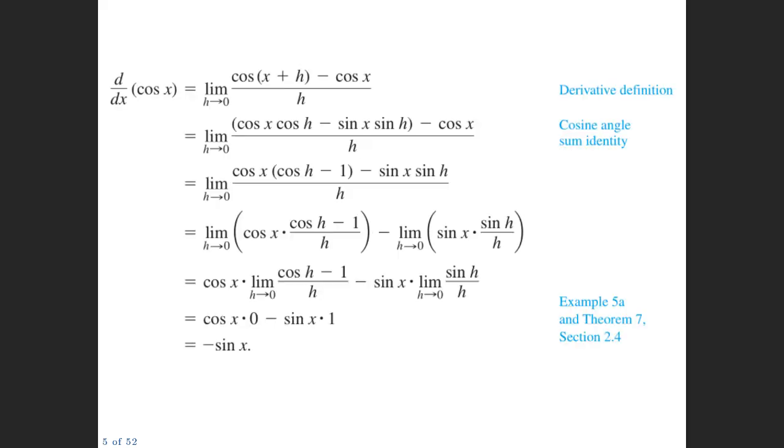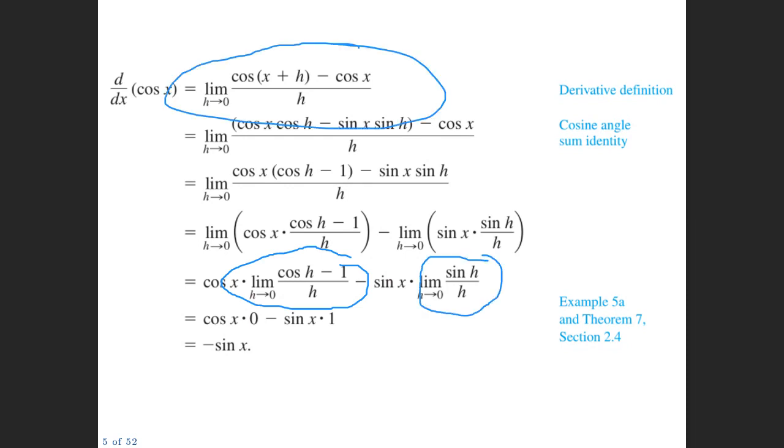We could do the same thing for the derivative of cos. And I'm not going to go through the details here, you can read this in your textbook, but let me just say the idea is the same. We're going to start with the formula, and then we're going to rearrange this so that we have the two limits that we know.